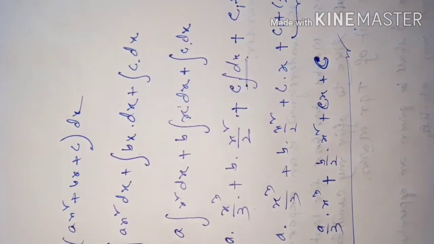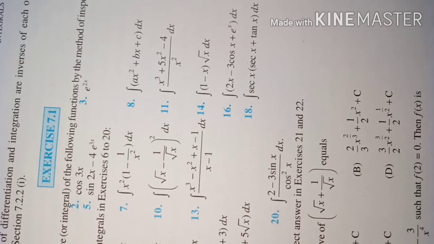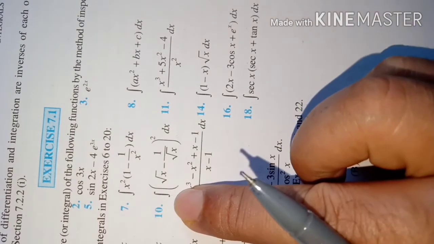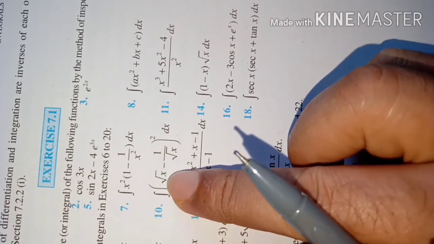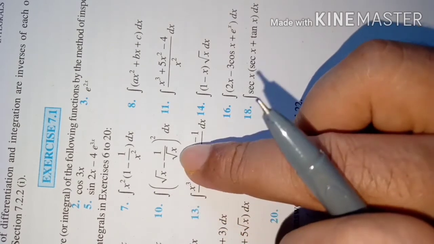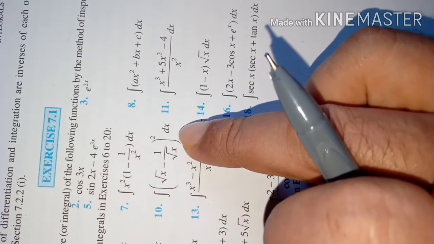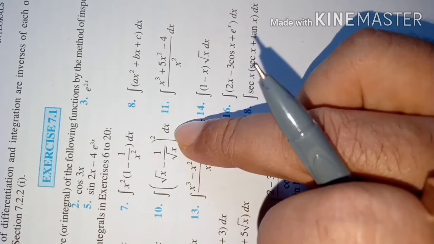Okay, this is our answer. Okay dear students, one more. Question number 10: integration of the square of under root x minus 1 by under root x, with respect to x. Dx means with respect to x.